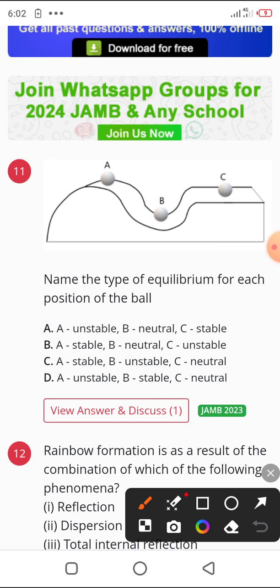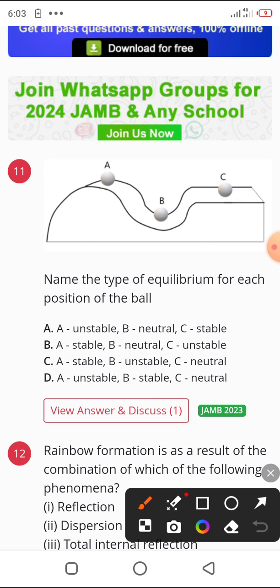Before we go to the options, let's explain the kind of position A is, position B is, and position C is. So let's start with A. In position A, the ball is unstable because it cannot stay in this kind of position.